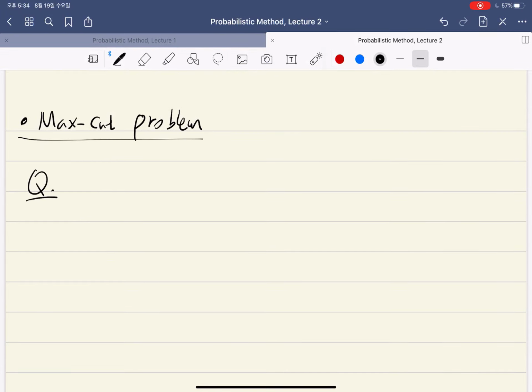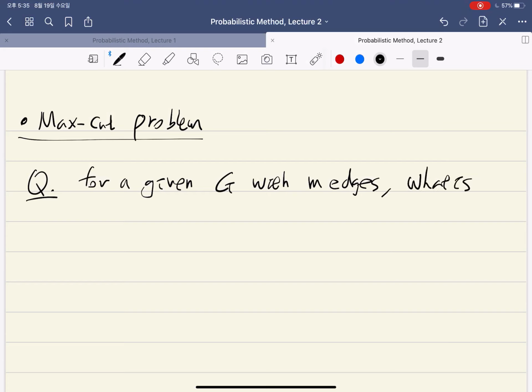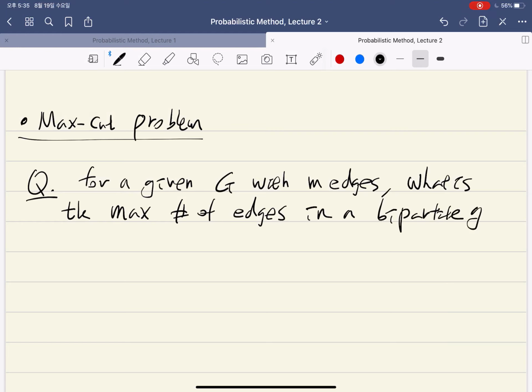When we have a graph G with m edges, what is the maximum number of edges in a bipartite graph G?